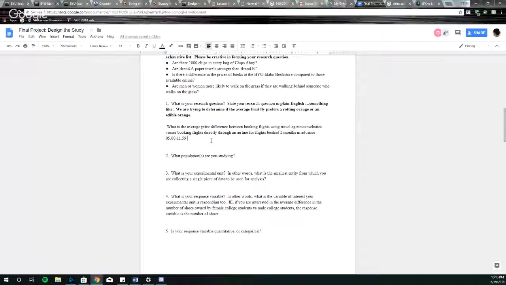All right, wait. Let's go over the question. What is the average price difference between booking flights? We need to rephrase that.